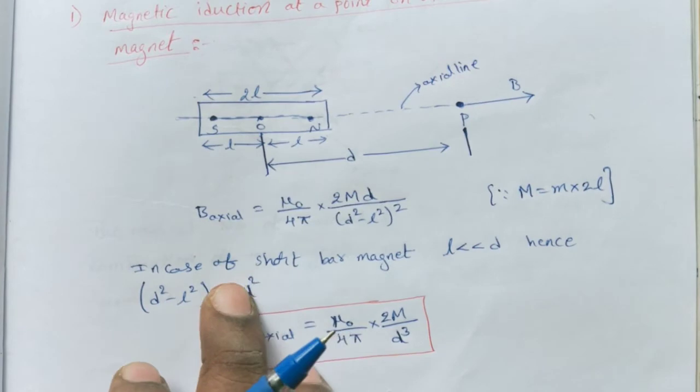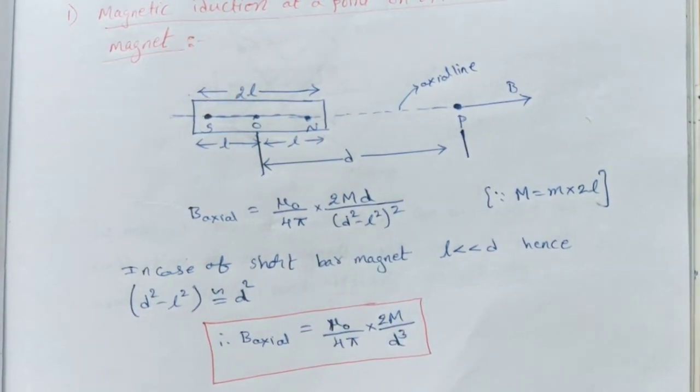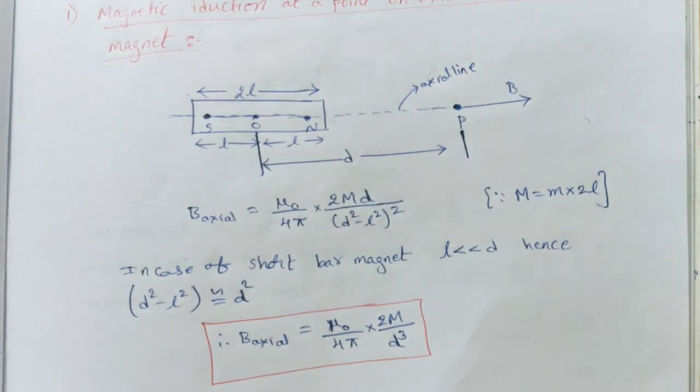Substituting this in the above equation, on simplification we get the magnetic induction on the axial line: B axial is equal to mu naught by 4 pi into 2M divided by d cube. What is the formula, students? B axial is equal to mu naught by 4 pi into 2M divided by d cube. This is the formula we have.